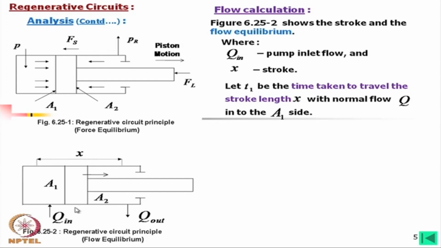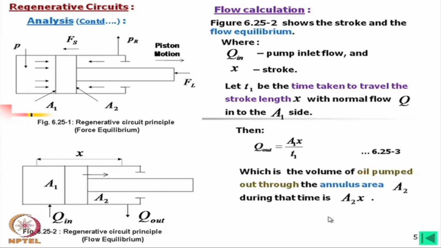And Q is the flow. Then we will estimate what is the Q out. The Q out definitely is A1x. A1x is the total volume, right, for the x stroke on this side, and that divided by T1 is the Q out.